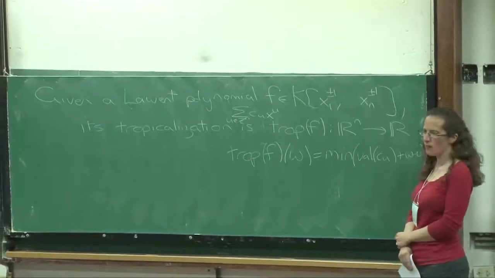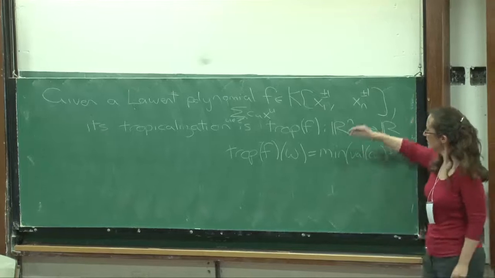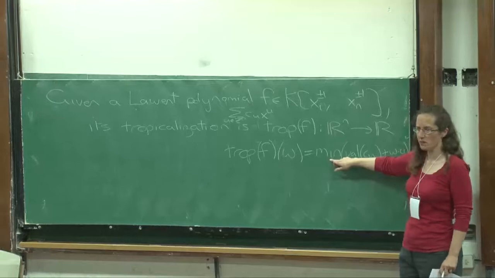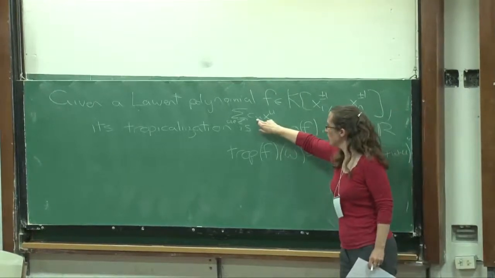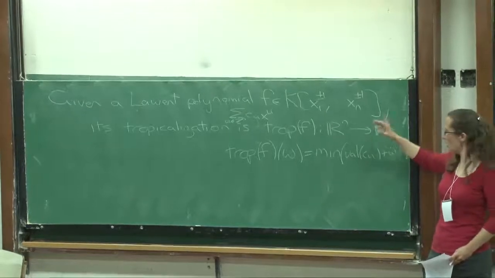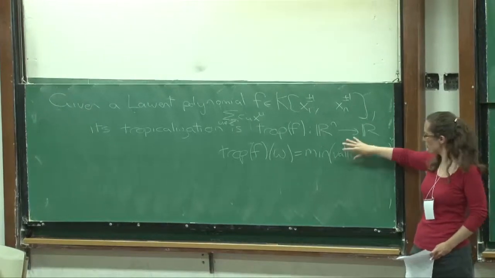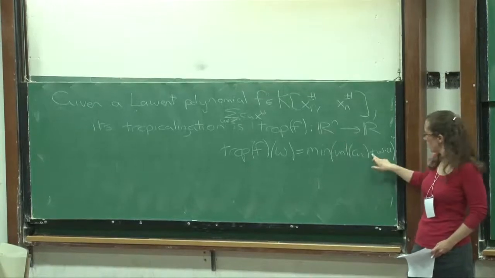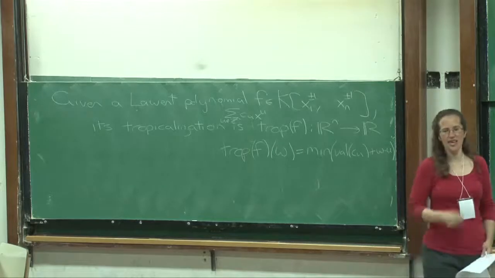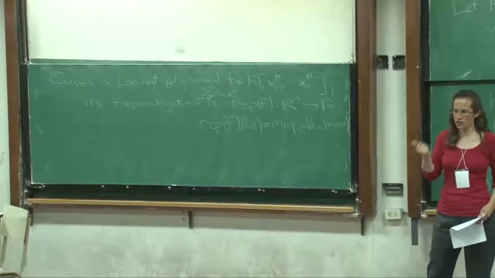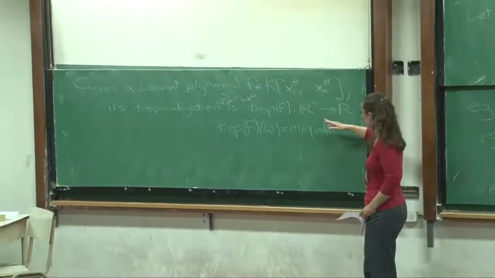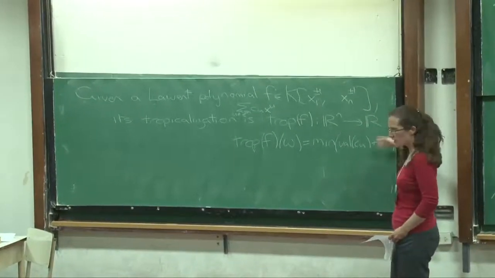Okay, so let's pause and think about this. What I've done here is I've turned this addition into tropical addition. I've turned the multiplication here into tropical multiplication, and I've taken the valuation of the coefficient. There's the c_u times x^u. Now I said x^u is x1 to the u1 times x2 to the u2, and so on. That means u1 times x1, plus u2 times x2, plus u3 times x3.